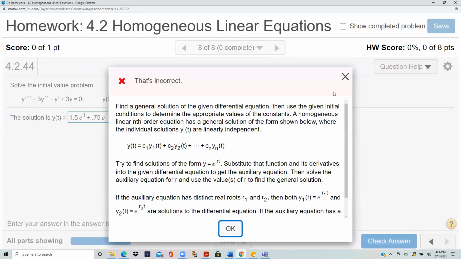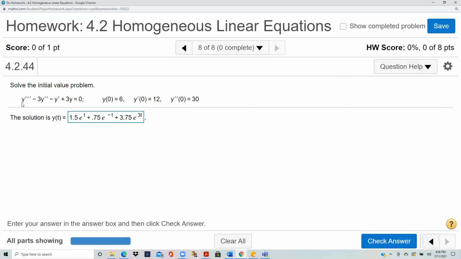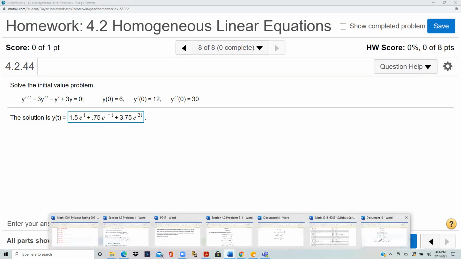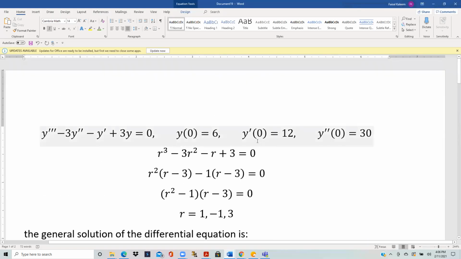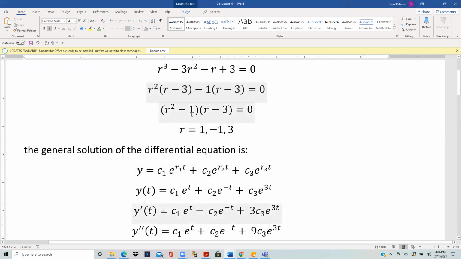Okay, so let's see if we made an error. The equation was y triple prime minus 3y double prime minus y prime plus 3y. So let's see. r squared times r minus 3, right? Minus 1 times r minus 3, right? r minus 3 times r squared minus 1, right? Right.